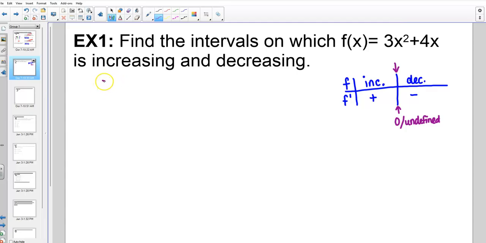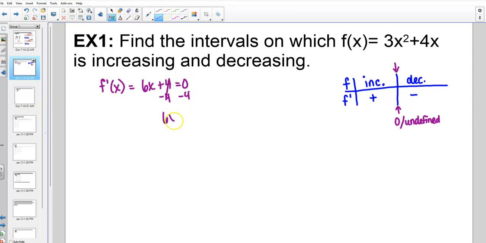So we want to find f prime of x, which is going to give us 6x plus 4. We then want to find our critical points. These are our points where our derivative equals 0 or undefined, because those are the points where we're going to switch from increasing to decreasing or decreasing to increasing. So I will set this equal to 0, so I'll subtract 4 from both sides.